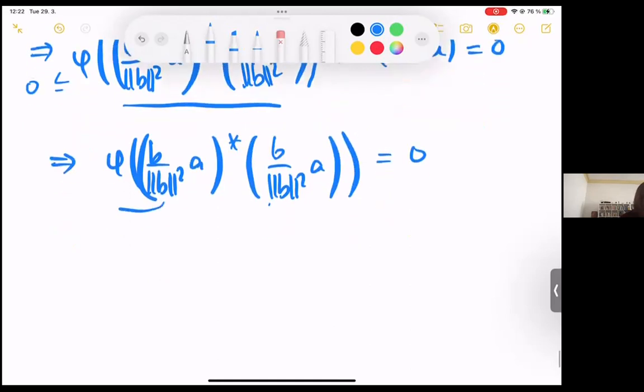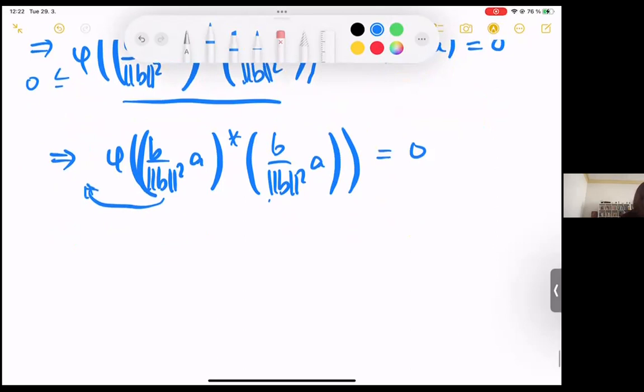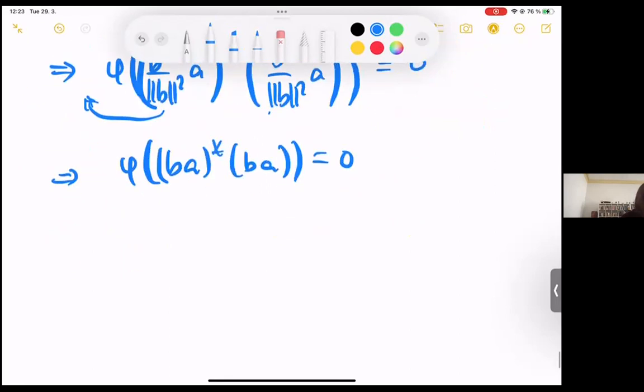And then, of course, we can just take this scalar out and get that phi of (BA) star BA is 0, which implies that BA is indeed in N phi.